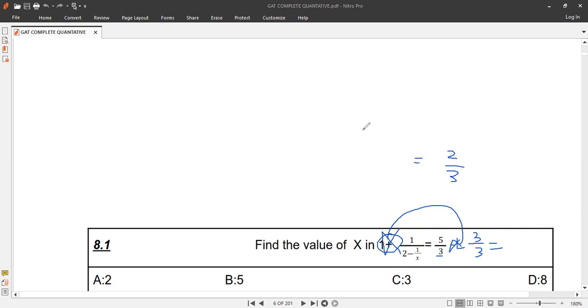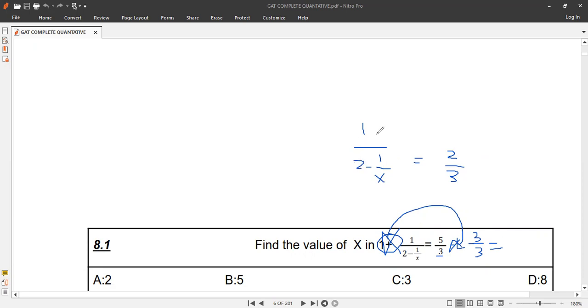Here, we still have this part, 1 over 2 minus 1 over x. How can we simplify this? In my opinion, we can flip the fractions so the 1 will be gone.